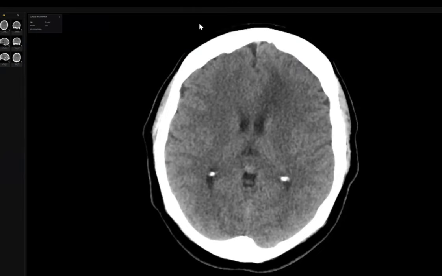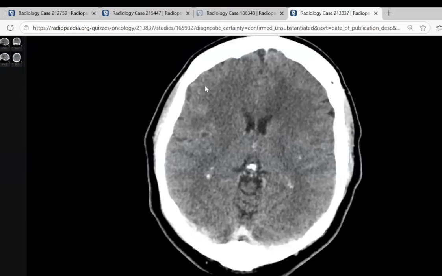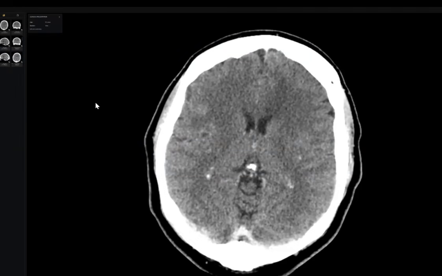Doctor, are you ready? Yes, sir. This patient is a 70-year-old male patient who has headache and left arm weakness. Oh, you can ask for control.